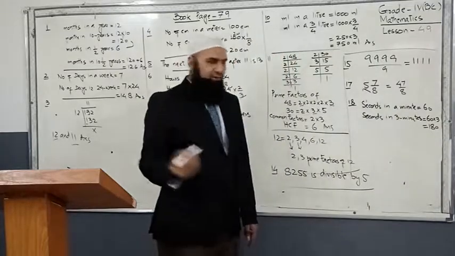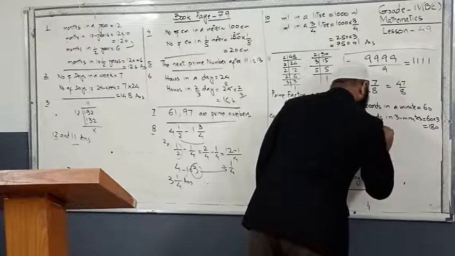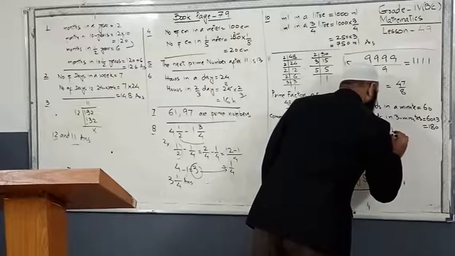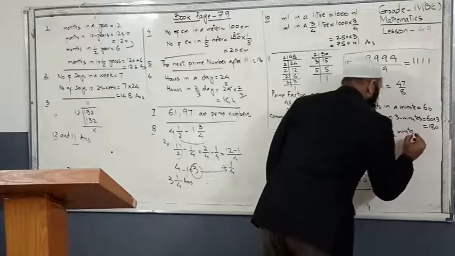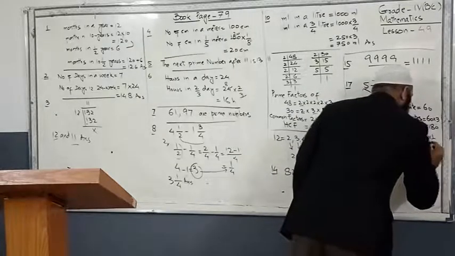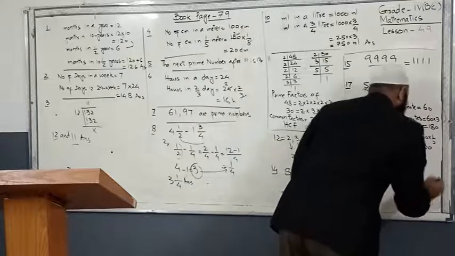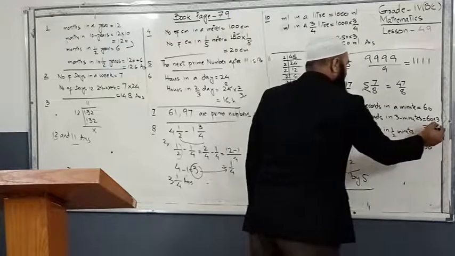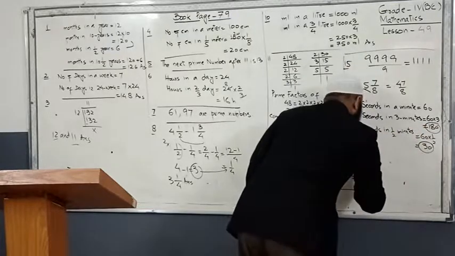And seconds in half a minute will be equal to 60 multiplied by 1/2. That means we have to divide 60 by 2. It is equal to 30. So we add 180 and 30.